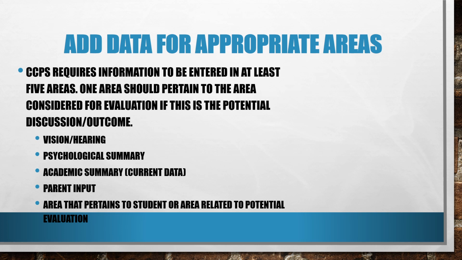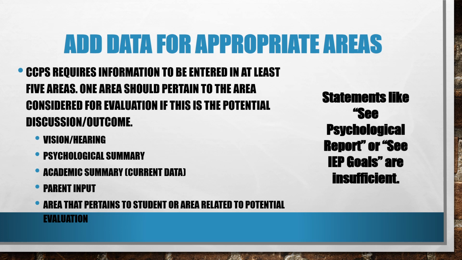This means that if a student is being referred for behavioral concerns and the team is considering an evaluation for a functional behavioral assessment or evaluation as part of the referral, then data from behavior should be entered into the RDR and discussed at the meeting. This data is extremely relevant to the conversation and should be the determining factor in what the team is doing next. All current progress monitoring, classroom data, and notes from the team should be entered into this section.